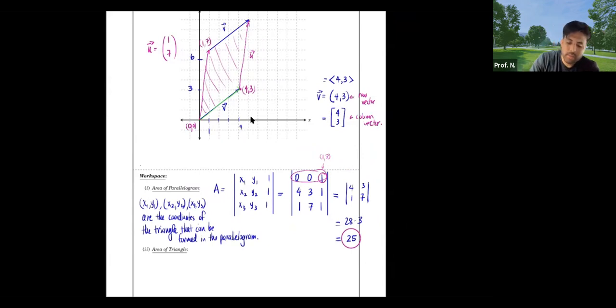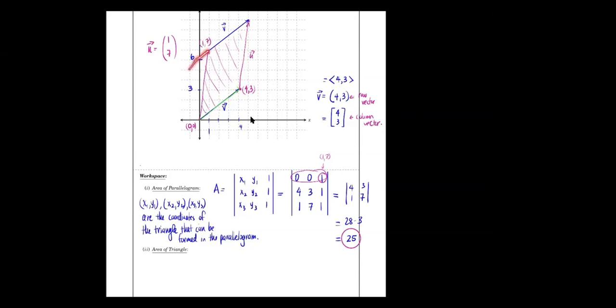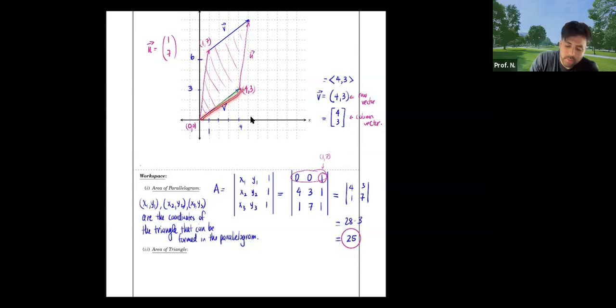And if you notice, this is a parallelogram. And what's the area of a parallelogram? Base times height, right? So if you were to find the base of this and the height of this, the base would be 5, if you notice here. This is a 4 by 3 right triangle, so this hypotenuse would be 5.